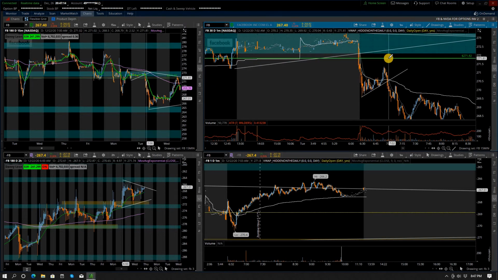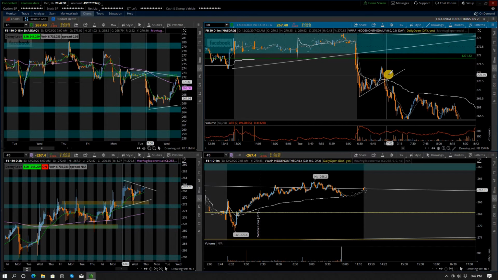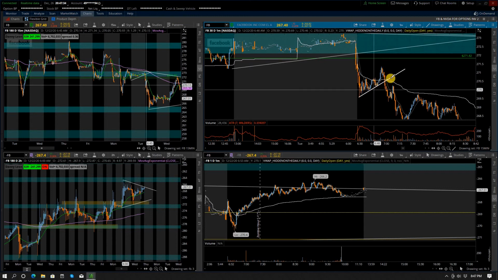I was hoping for it to come up to this level here. Did not do that. As it pushed up, you just gotta be patient. With this candle here, it broke down below this candle. I went ahead and bought some puts here, and my stop was literally the reclaim of the VWAP or the reclaim of this trend line here.